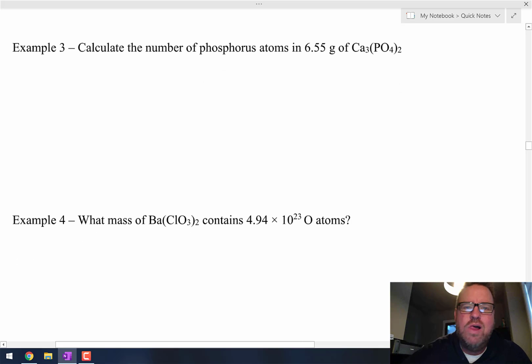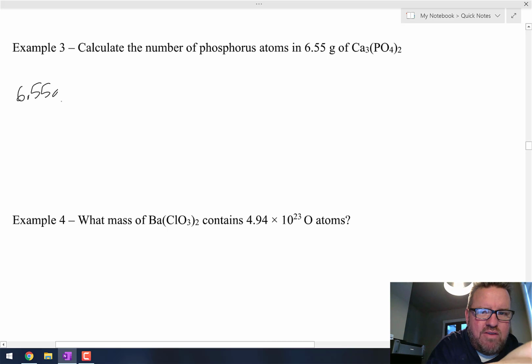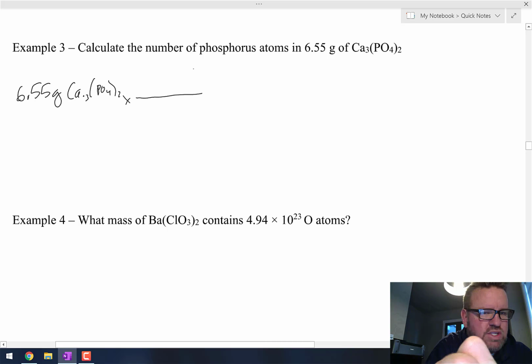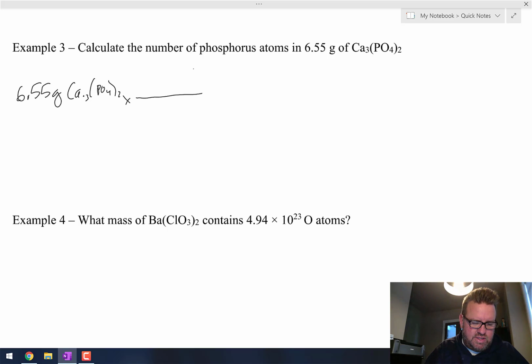If you can get examples 3 and 4, all of the questions you're going to have regarding this are going to be easy. So, calculate the number of phosphorus atoms in 6.55 grams of Ca3(PO4)2, calcium phosphate. So I've got 6.55 grams of Ca3(PO4)2. What's the thing I do with grams every single time? I convert to moles. So I'm going to need a calculator for this. Calcium is 40.1, and there's 3 of them, so I'm going to multiply by 3.